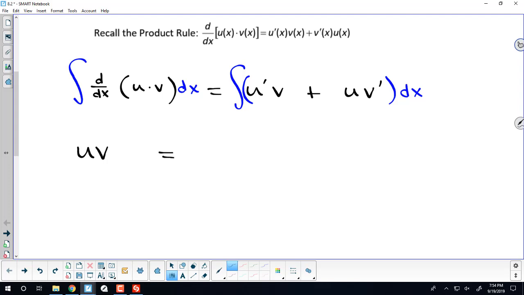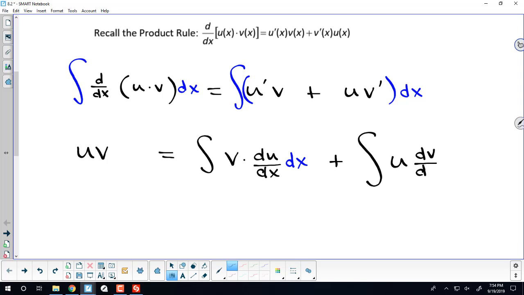I'll split these two up here and write u prime. Remember that this is all with respect to x, so u prime we'll write as du over dx. So this is v times du over dx for u prime times our dx here plus the integral of u v prime, which is dv over dx times our dx.